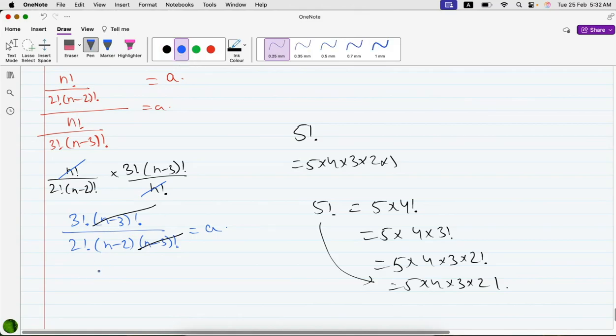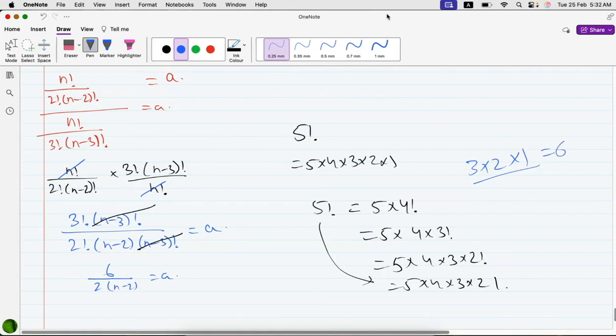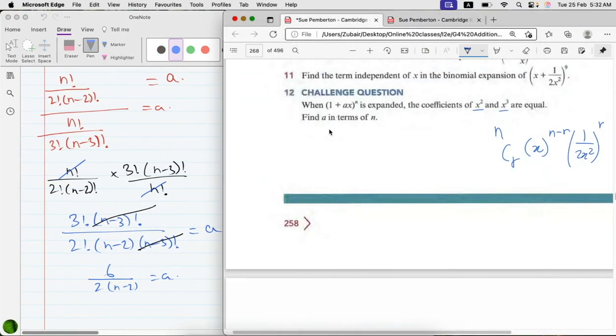So 3 factorial divided by 2 factorial, same thing. 3 into 2 into 1, 3 factorial is 6. 2 factorial is 2. And n minus 2 is equal to a. Wait, how did we get that? 3 factorial, 3 into 2 into 1, is 6. Oh, okay.